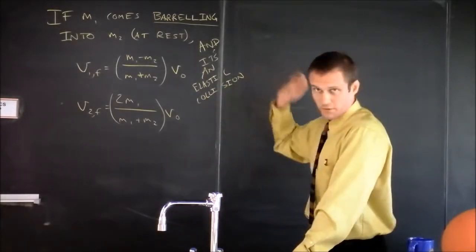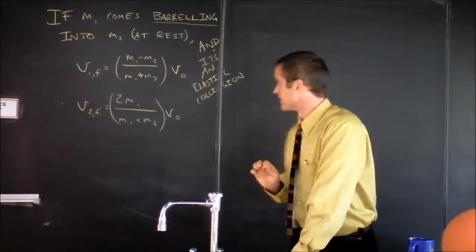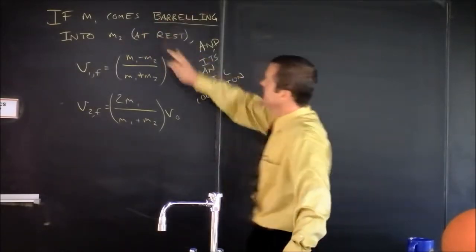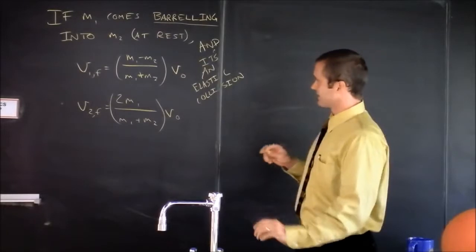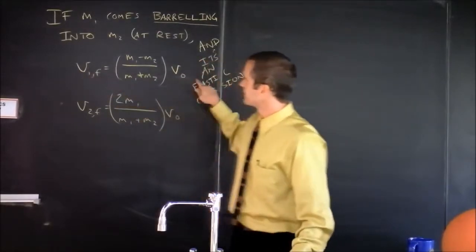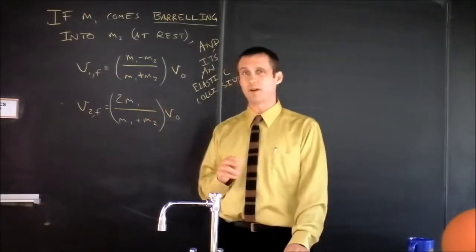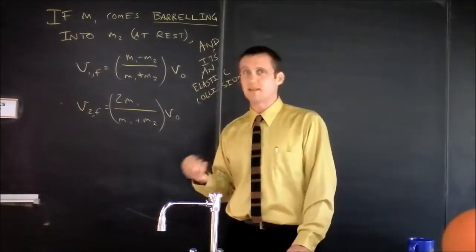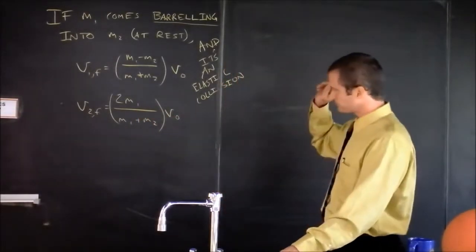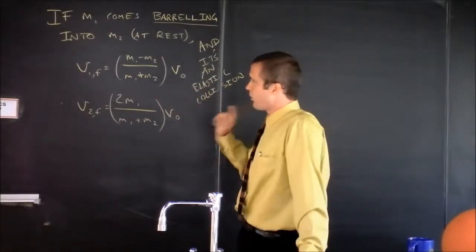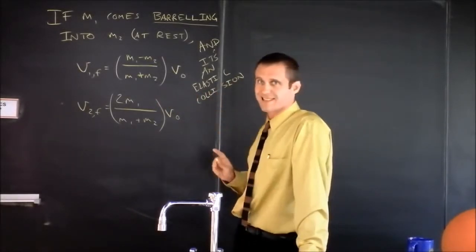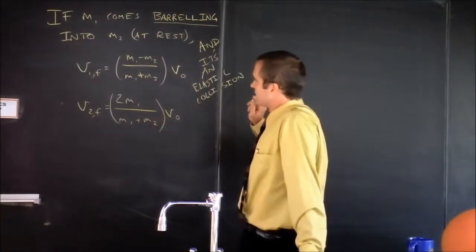So energy is conserved, and of course in every collision momentum is conserved. But if M1 comes barreling into M2, which is just sitting there innocently, then the final velocities of the two masses are given by these equations, which the book says result from simple algebra, and we found result from messy, complicated algebra.